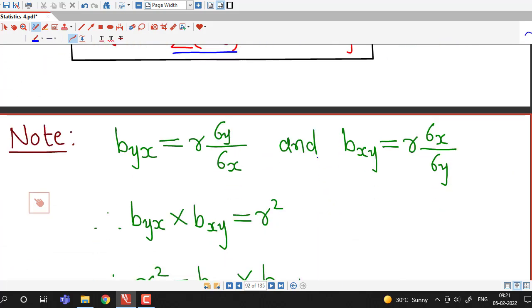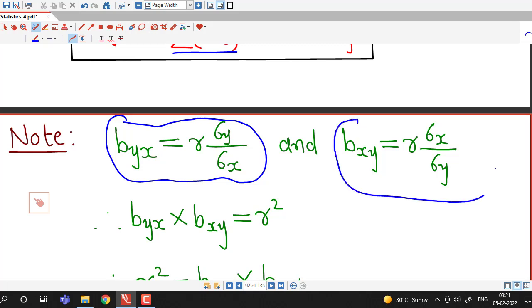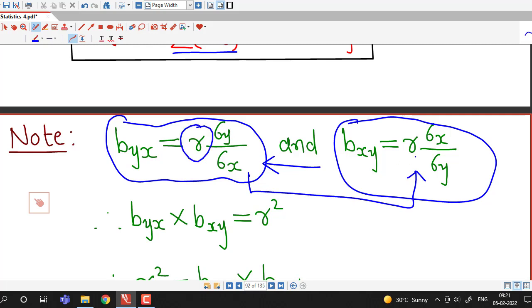Now we make one remark. We know that the regression coefficient of y on x is given by r times standard deviation of y divided by standard deviation of x, and this we write by replacing y by x and x by y in this formula. Now if we take the product of these two, then we see that r into r, that is r square, and sigma y and sigma x will cancel each other.